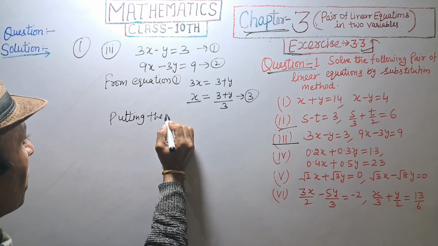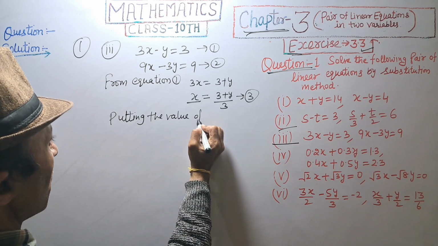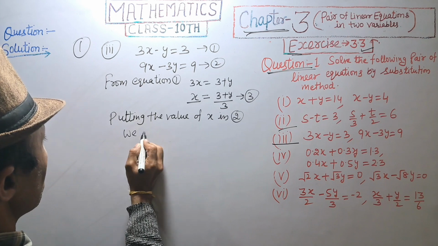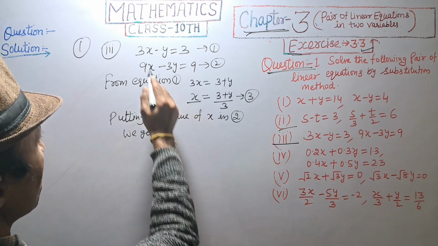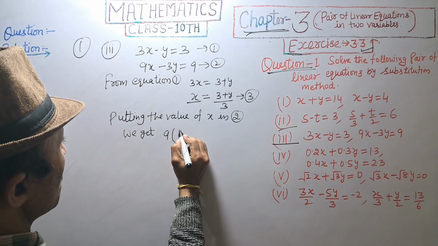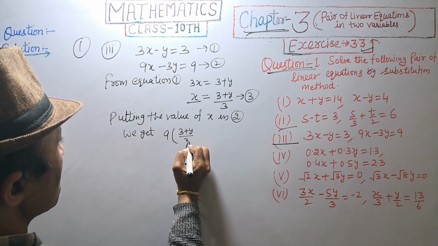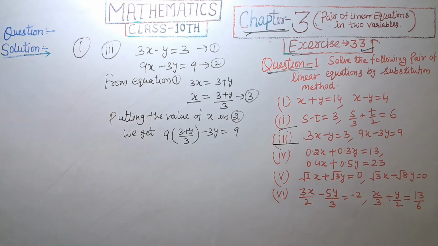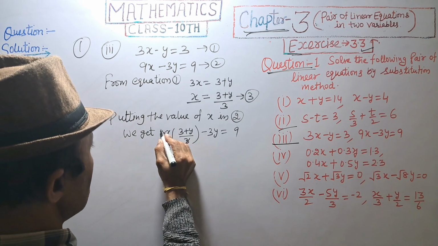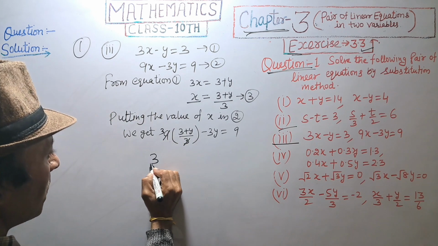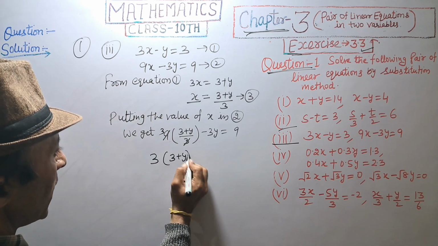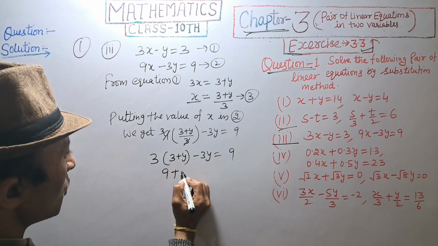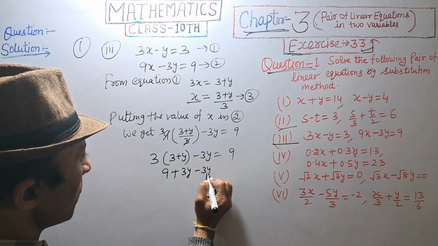Putting the value of x in 2nd, we get 9 into (3 plus y) upon 3 minus 3y is equal to 9. 3 3s are 9, and 3 multiplied by (3 plus y) minus 3y is equal to 9. 3 3s are 9 plus 3 into y, that is 3y, minus 3y is equal to 9.